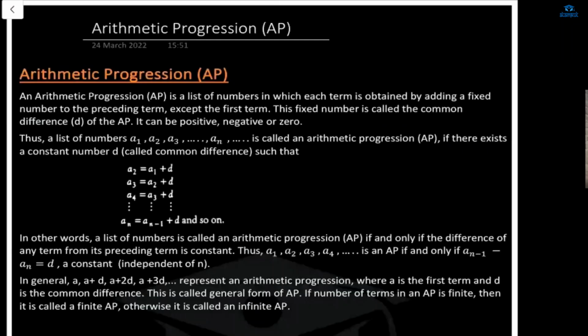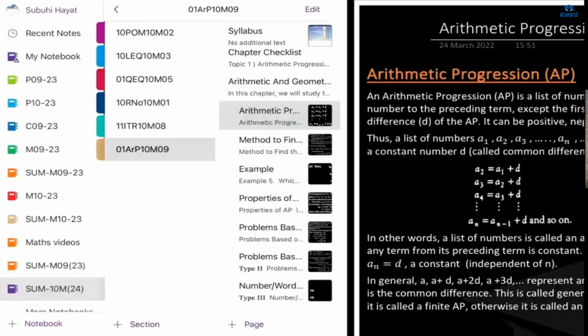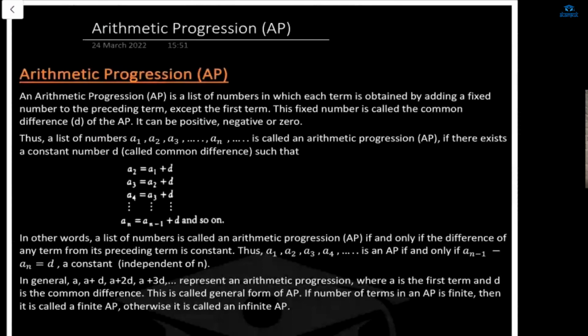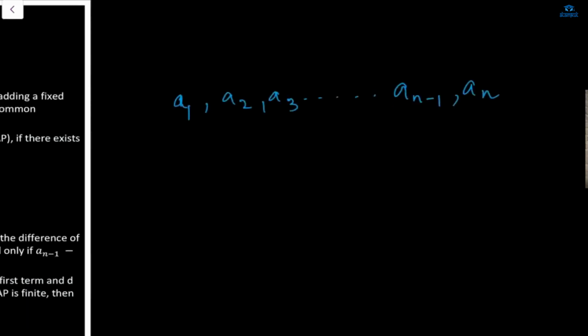Now what is an arithmetic progression? An arithmetic progression is a list of numbers in which each term is obtained by adding a fixed number to the preceding term. For example, your sequence is A1, A2, A3. How can you get this A2? If you add a common difference D to A1, then you will get A2.